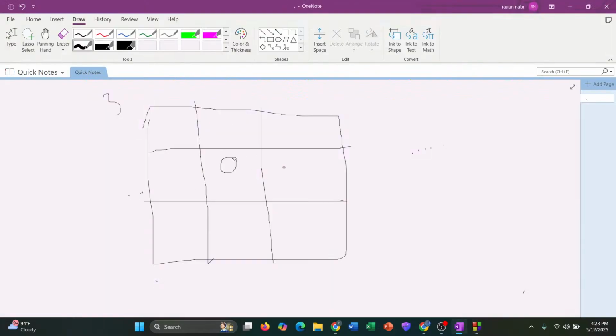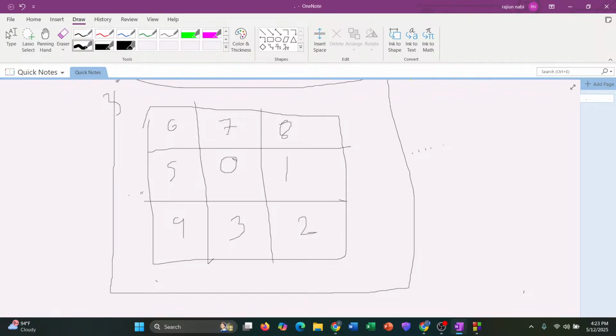Look, there is this one, 0, 1, 2, 3, 4, 5, 6, 7, 8. If there is a bigger array like this, fine.